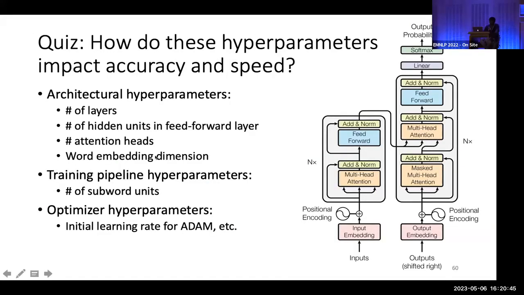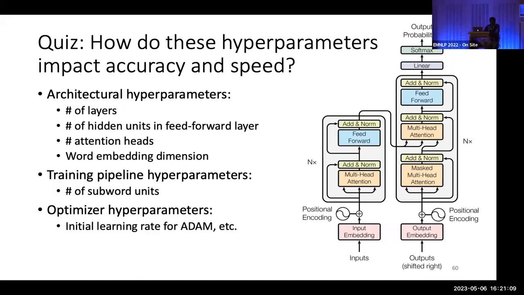So for example, all these hyperparameters here, I can imagine if I increase layer size, I probably increase accuracy, but I probably decrease speed. Right? But there are also some where it's not certain. So number of subword units. If I have small subword units, that means my softmax is small, so probably that increases speed.